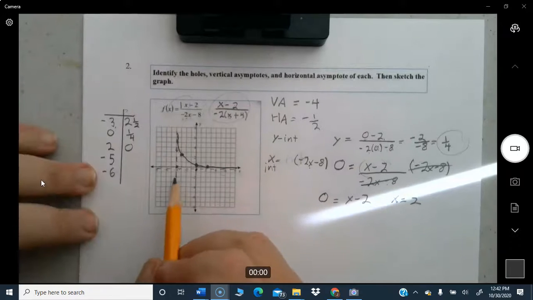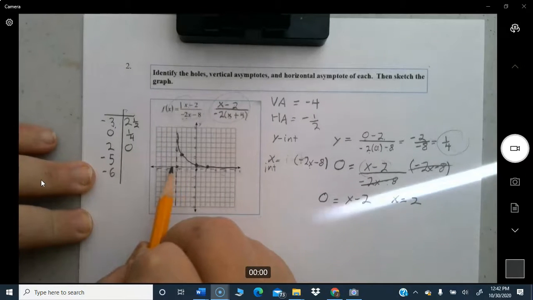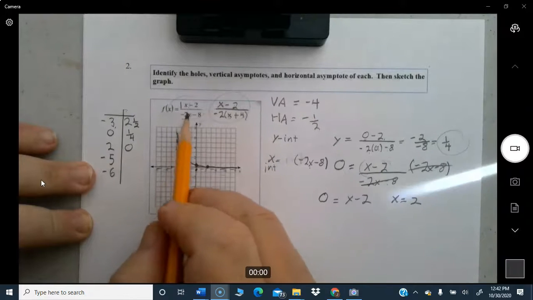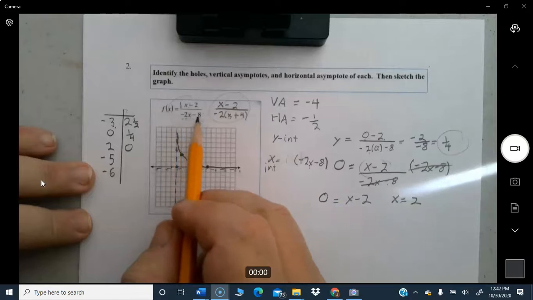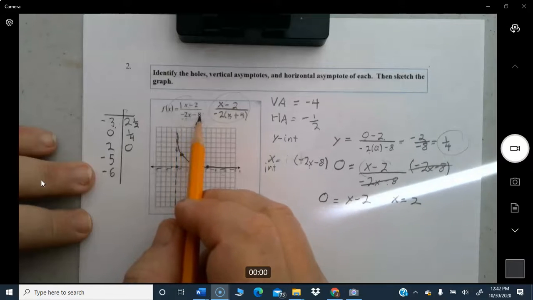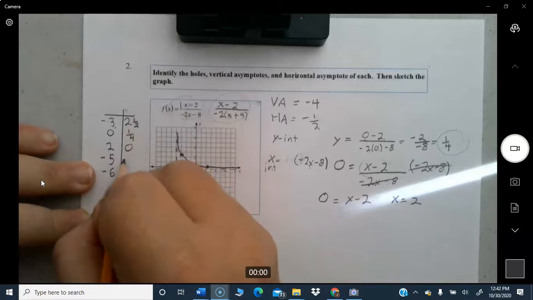All right, the other one we said is going to be at negative 5, so negative 4, negative 5 is right here on the x-axis, so let's plug that in. Negative 5 minus 2 is negative 7. Negative 5 times negative 2 is positive 10 minus 8 is positive 2, so it's negative 7 over positive 2. That's going to be negative 3.5.